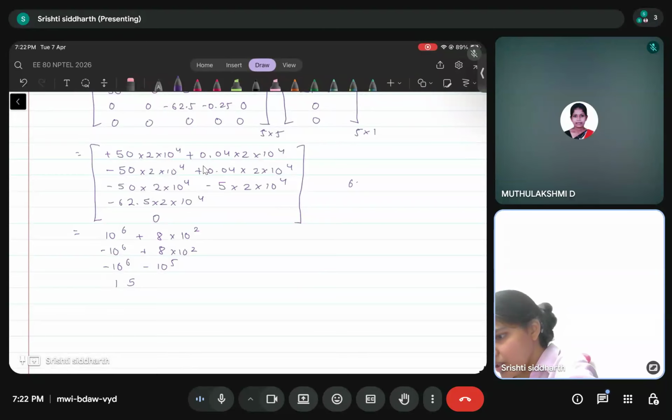So what's this? It's 0.5 into 2. So this is 125. Minus 125 into 10 to the power 5. Non-zero.